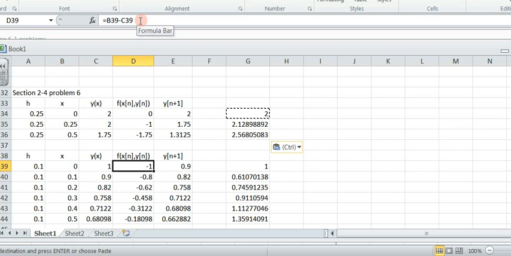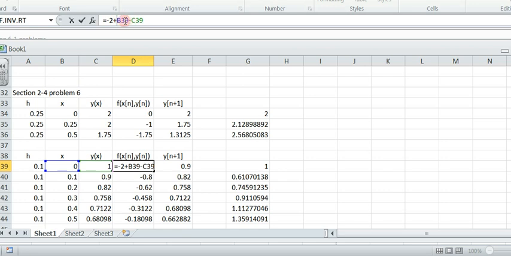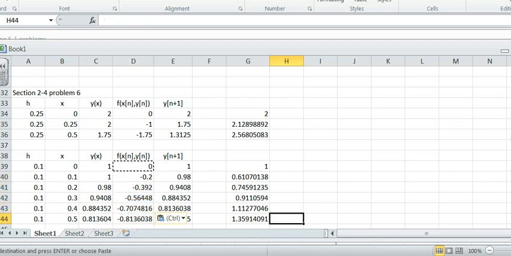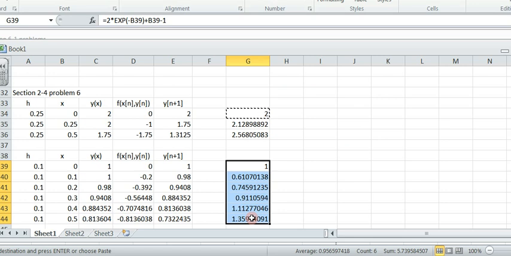And I want minus 2 times, doesn't look like a times to me, times x times y. Copy, paste. And here we want that function, copy, paste.